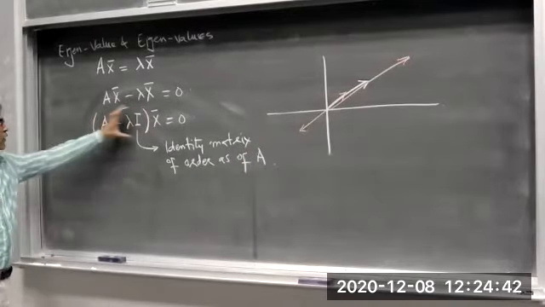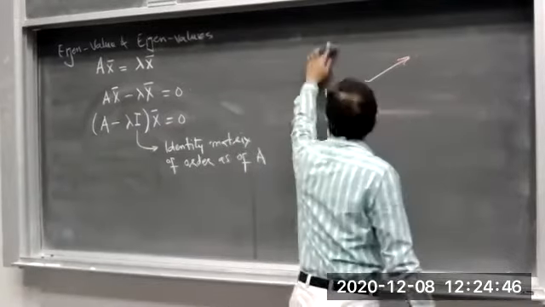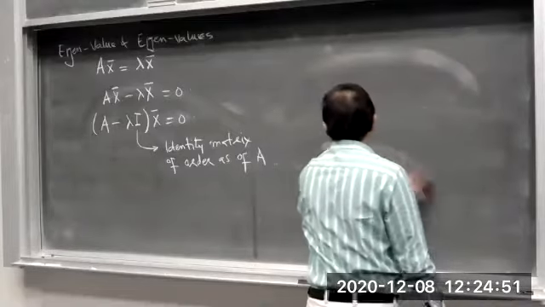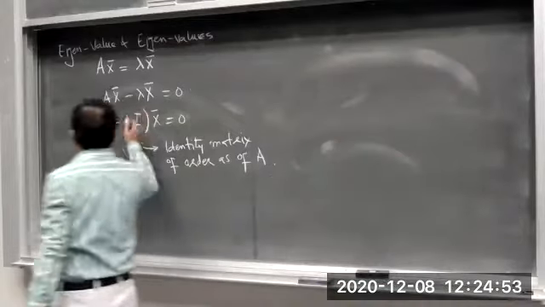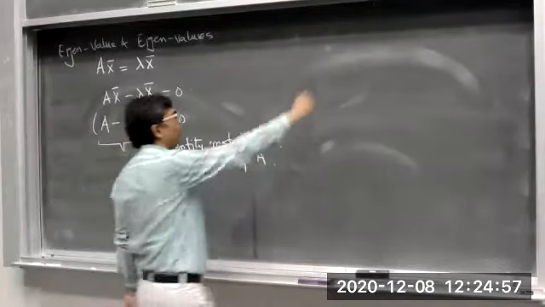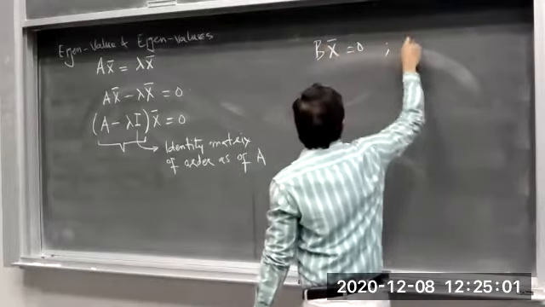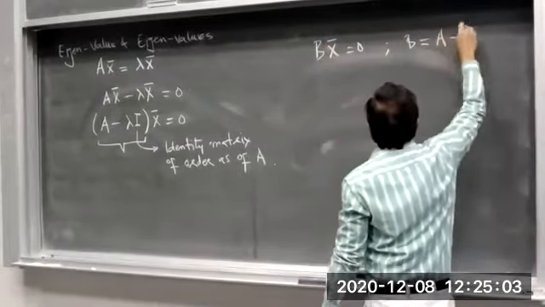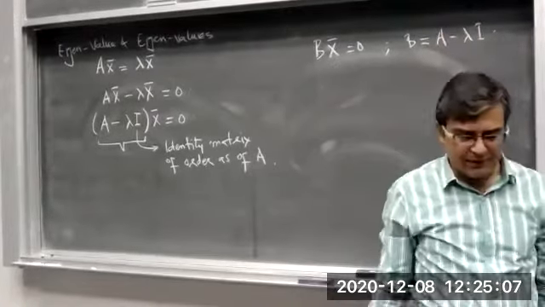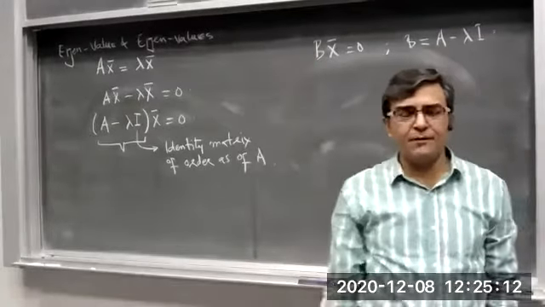So now, what is this? This is basically a homogeneous linear system, because this is nothing but a matrix times X. If we call it B times X is equal to 0, where B is A minus lambda I. This is what we discussed in the previous lecture while discussing the system of first order differential equations.